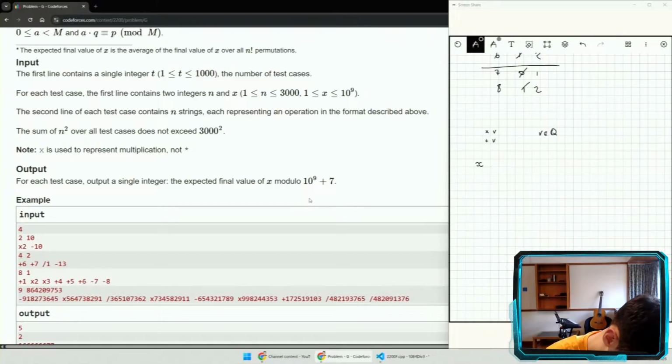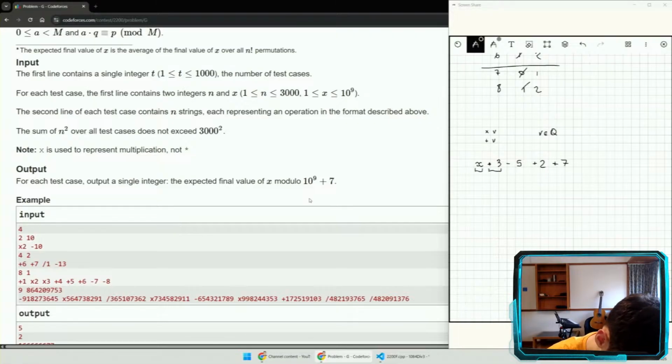If it was just times or just plus, obviously the order doesn't matter. So we can split this x with the plus v's. The x is like x plus 3 minus 5 plus 2 plus 7, let's say, right?